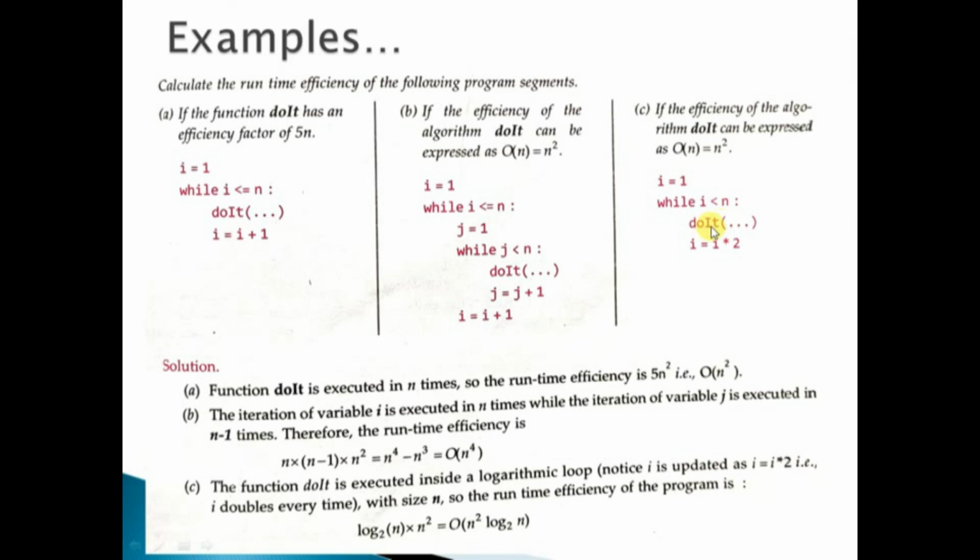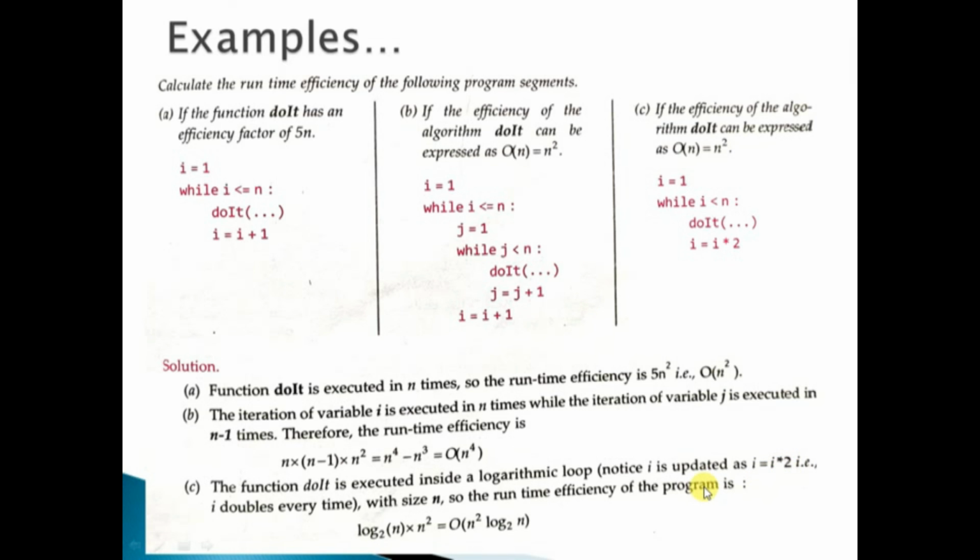Now here doIt has the complexity of n square, but you can see here the increment value is 2 times. The size of input is n, but the iterations are multiplied by 2. So the function doIt is executed inside a logarithmic loop, because you have seen that i is equal to i into 2. It is not i equal to i plus 2, it is i into 2.